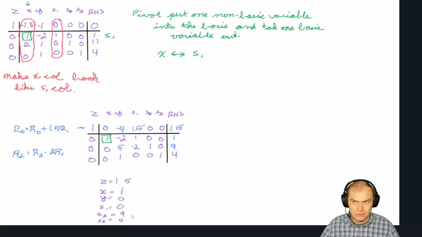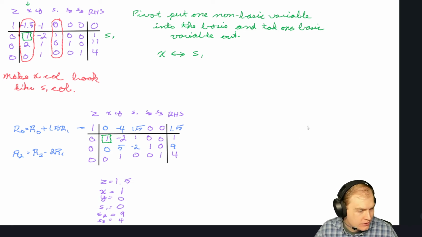So this is a pretty powerful tool that will let us do simplex by hand without too much kerfuffle, which is neat. So I'm going to do another iteration or two, and hopefully we can get to the optimal again, like we did yesterday.